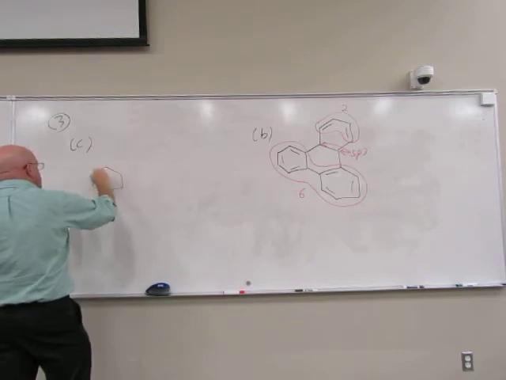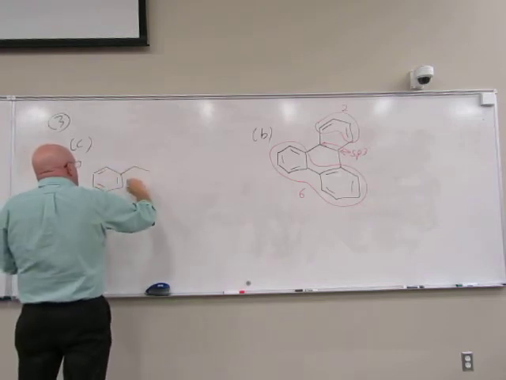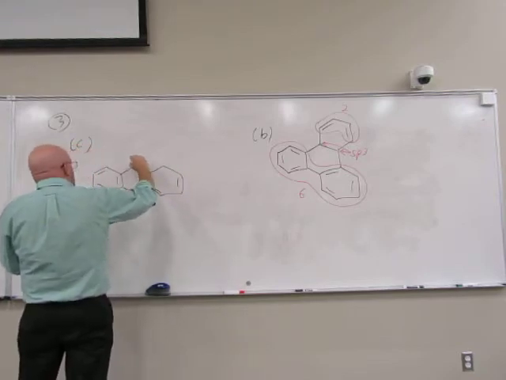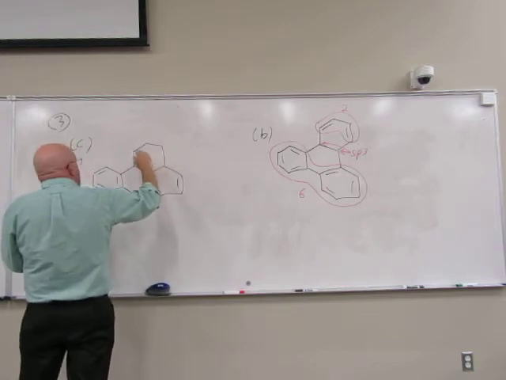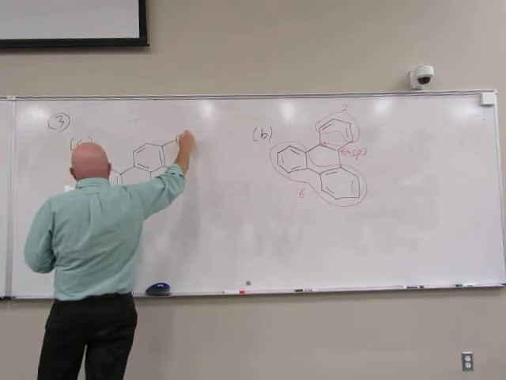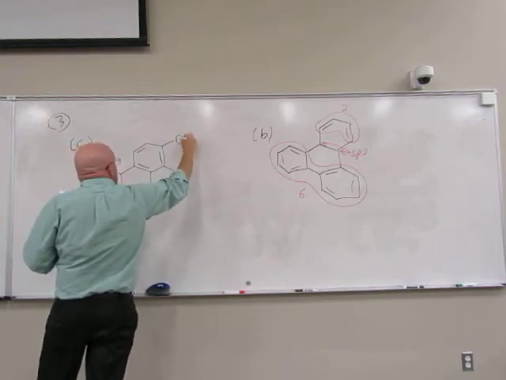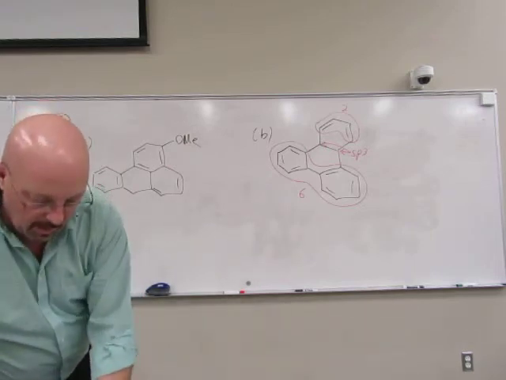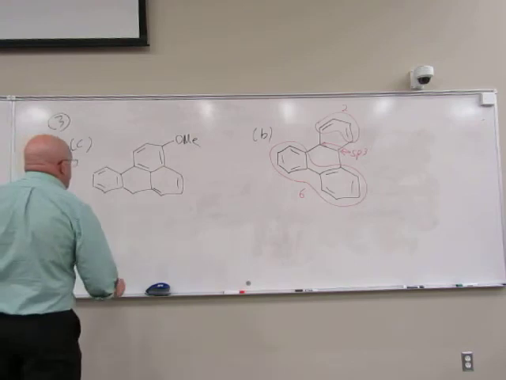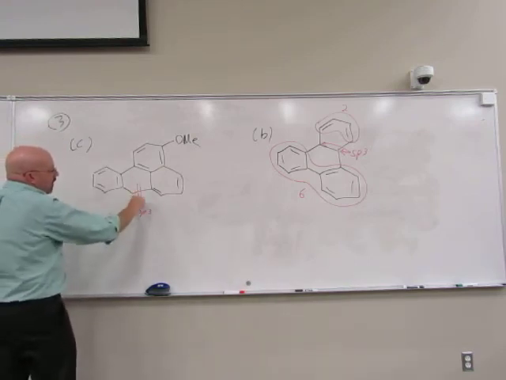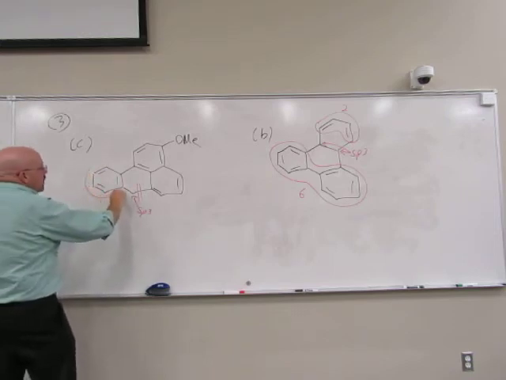In the next structure, the most that we have that is conjugated is 8. All 8 of those are conjugated. Now we do have one sp3 carbon here that's acting as a roadblock right there, but they are conjugated around this way.